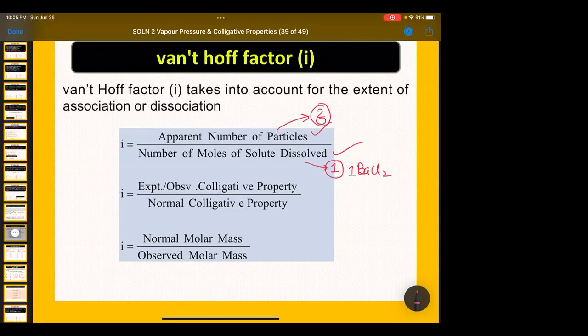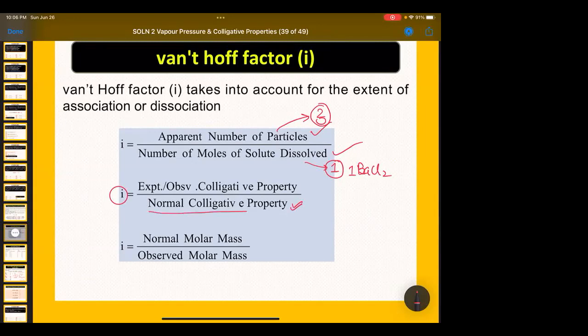But if you have a colligative property given, let's say boiling point elevation is given. So this one is the boiling point elevation, just Kb into n without taking into consideration association or dissociation.